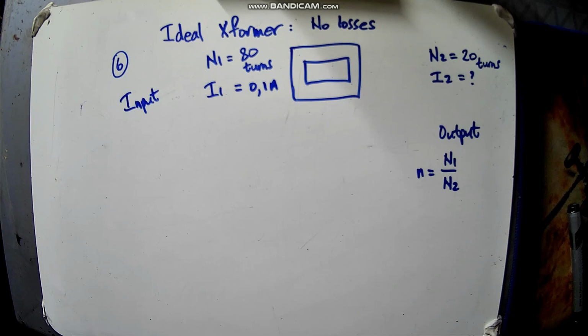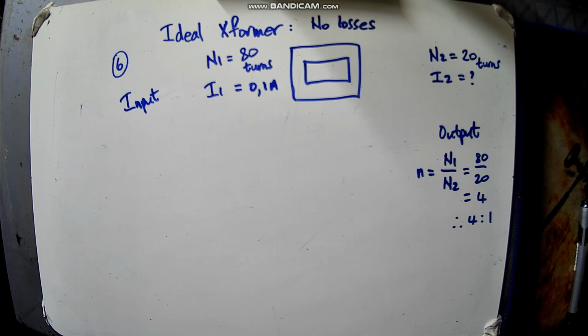We get something called a transformation ratio, which this question doesn't ask for, but if it said calculate the transformation ratio, then it would be N1 over N2, which is 80 over 20. Dividing 80 by 20, you get 4. This means the number of coils on the primary is 4 times greater than on the secondary, so this would be a step-down transformer. When the coils are greater on the primary and fewer on the secondary, the voltage will step down.